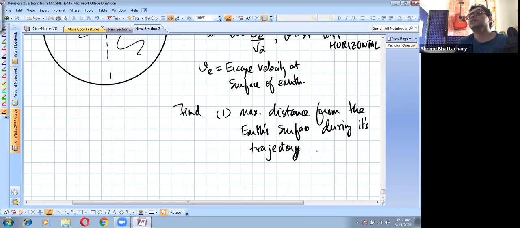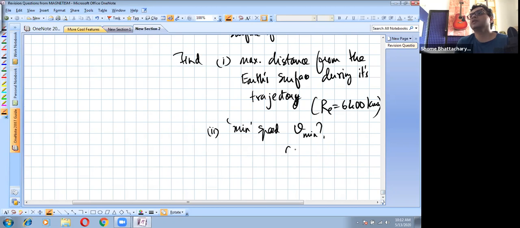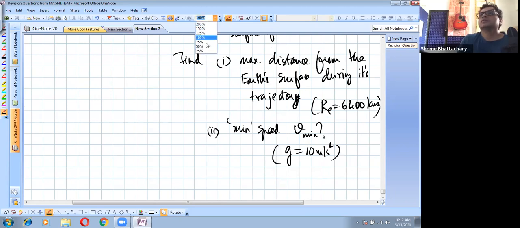And for that, radius of Earth is given to us, 6,400 kilometers. And to find minimum speed during its path. And for that, the acceleration due to gravity at the surface is given to us as 10 meters per second square. So just try this out.